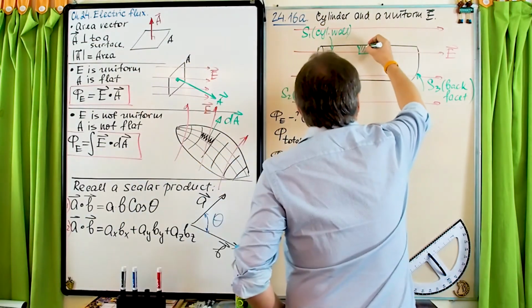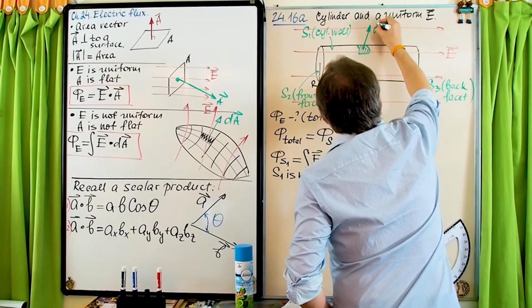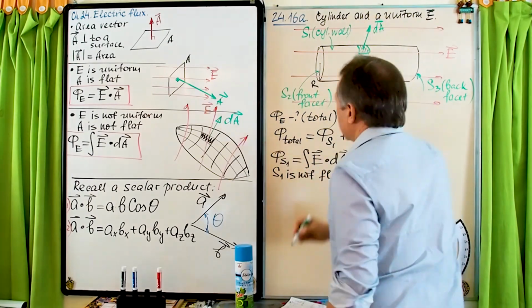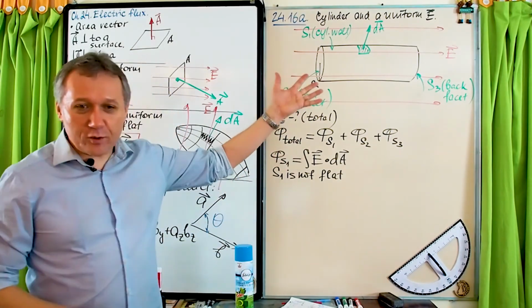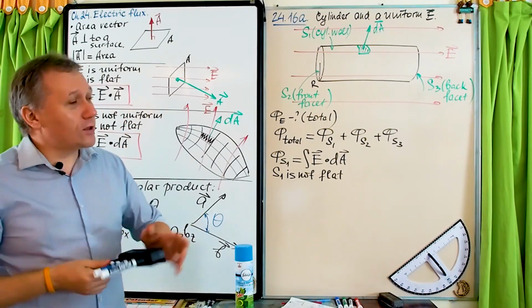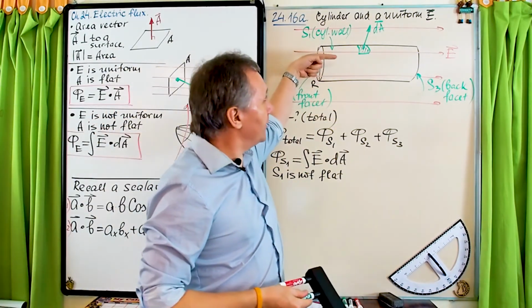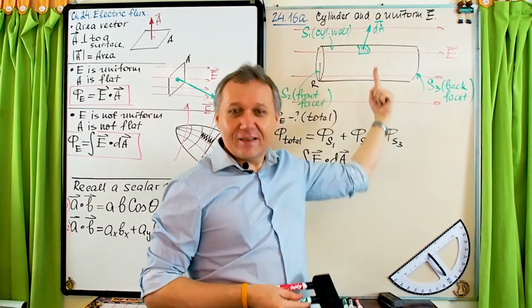So it will be this, my dA. And now, what's the direction of the electric field? Electric field horizontal this way. dA straight up.